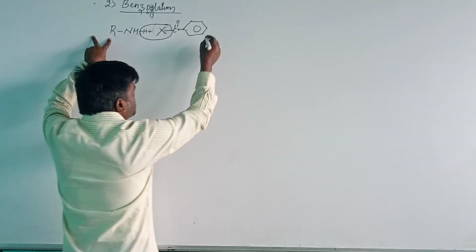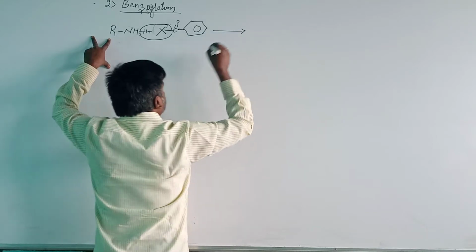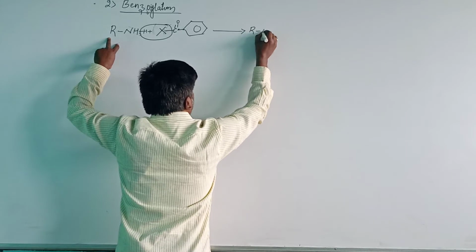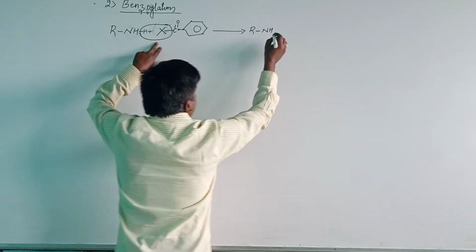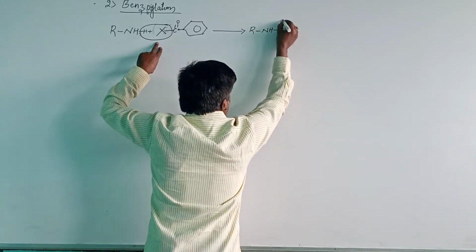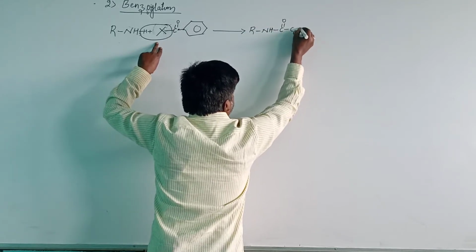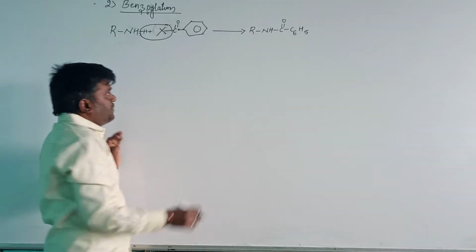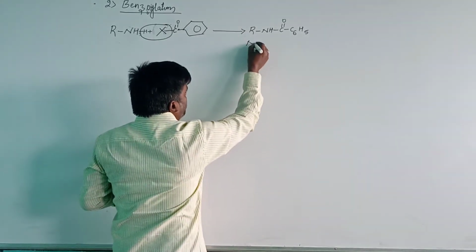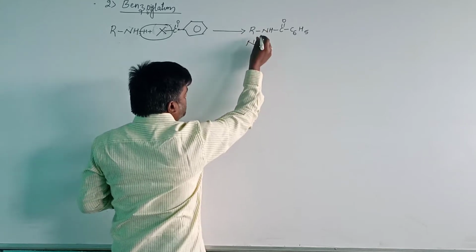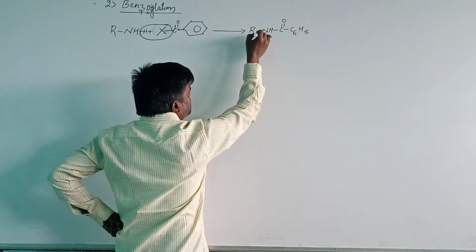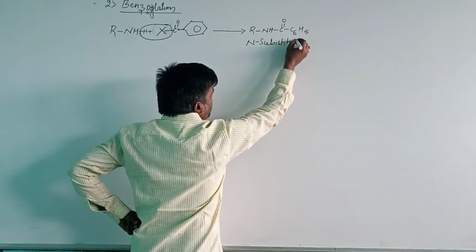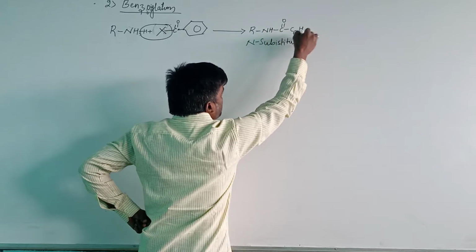This reaction is carried out in the presence of pyridine as a catalyst. It gives the compound RNH, C double bond O, C6H5. Here the R group is directly attached to the nitrogen, therefore it is an N-substituted benzamide.